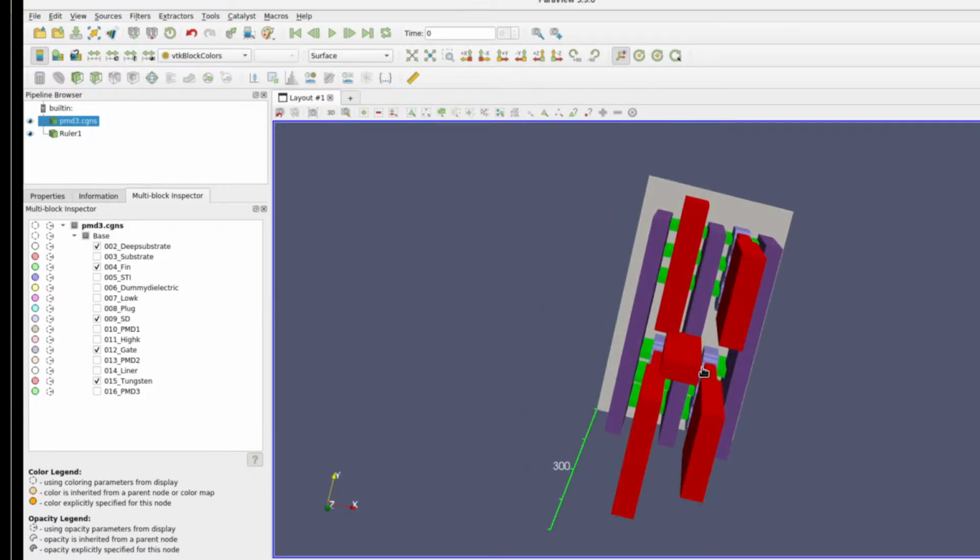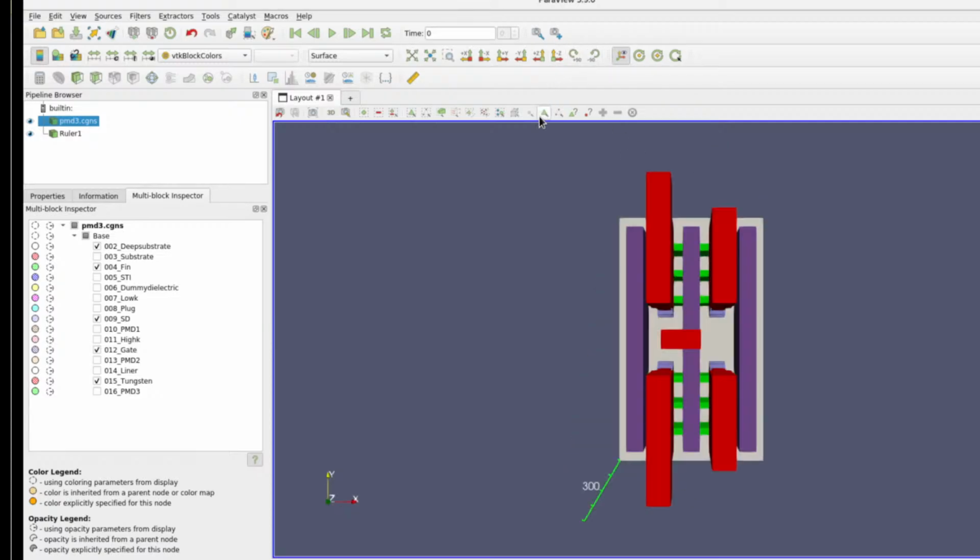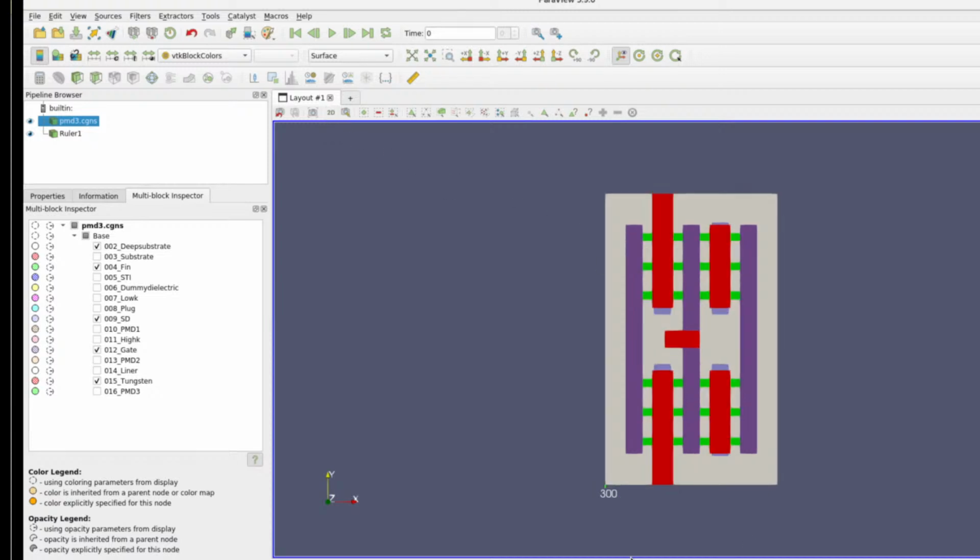Another point is that my structure just contains the cell boundary. In this case, the y directional size is 10 times the fin pitch, and the x directional size is 3 times CPP.